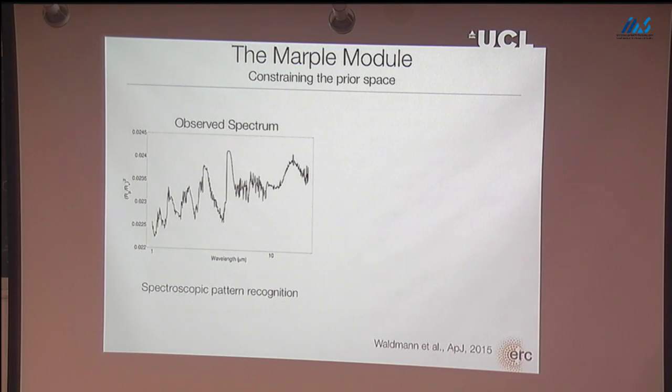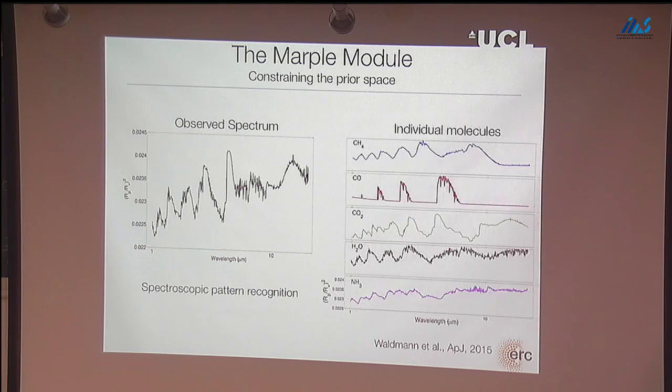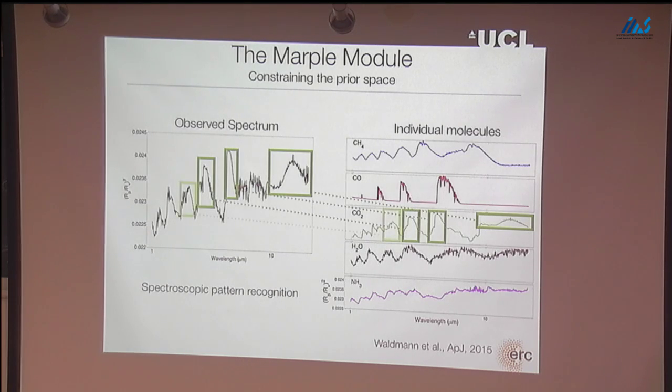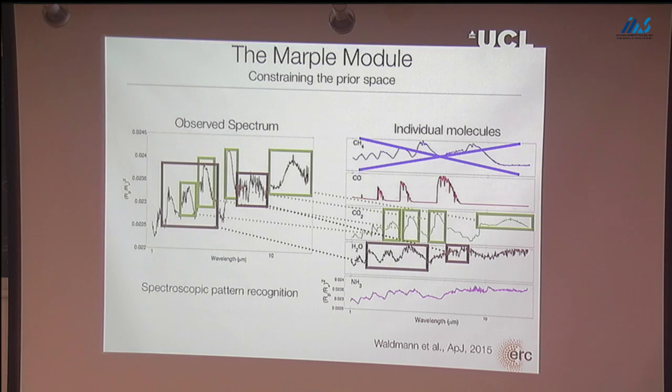So when we have an observed spectrum, of course we never observe a spectrum as beautiful as this one, but the point is, if we have an observation, then we can use this module to constrain the prior, so not to get to the solution, but to constrain the prior. If we start, for instance, by saying the number of possible molecules is 20 or 30, it is impossible to look at the parameter space of all these species together.